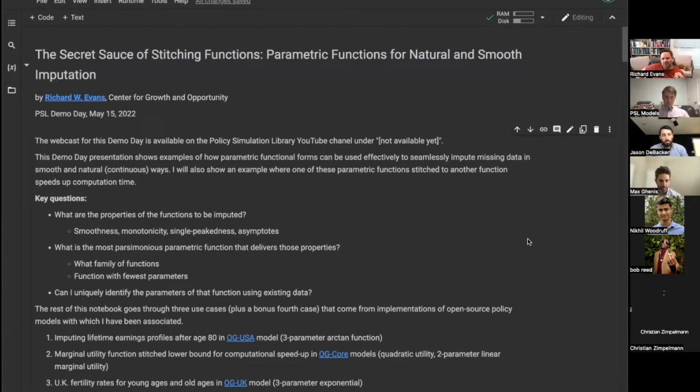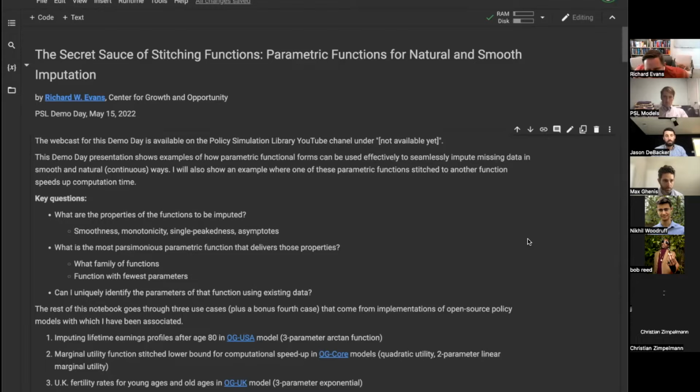Then we switch to the question of what is the most parsimonious parametric function that delivers these properties. Parsimonious, we want that in terms of the fewest parameters that deliver these properties. And then we also spend a lot of time on what's the family of functions that will deliver these properties. Then the final question is, how do we uniquely identify these parameters, or can we uniquely identify these parameters?